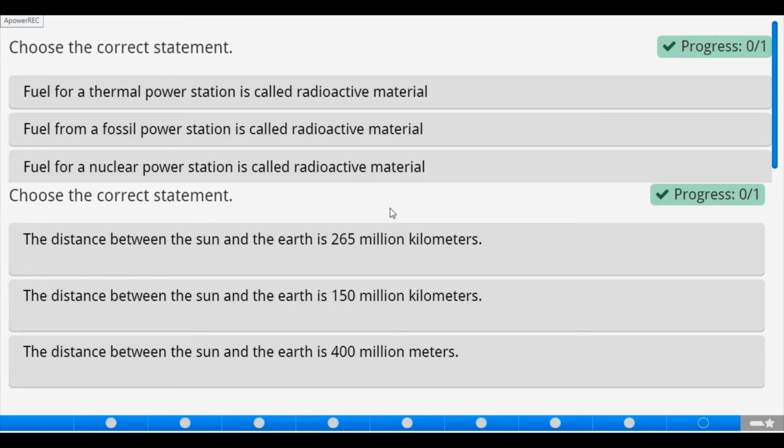No, the statement is also false, because fossil power stations make use of non-renewable energy sources like coal, oil and also gas. Fuel for a nuclear power station is called radioactive material. That's correct. Examples of radioactive materials are uranium, plutonium, and you can find other elements associated with radioactive materials from the actinide series in the periodic table. So let's keep this and check.